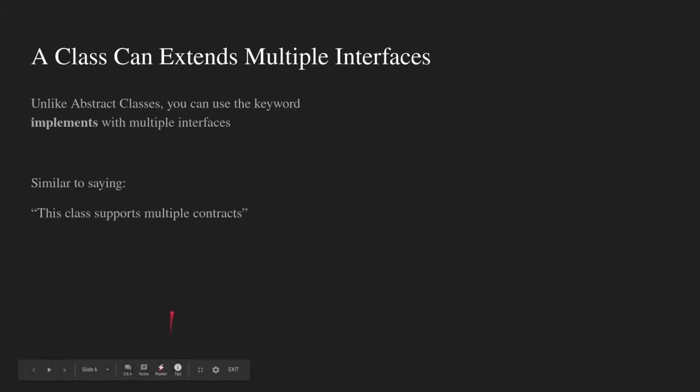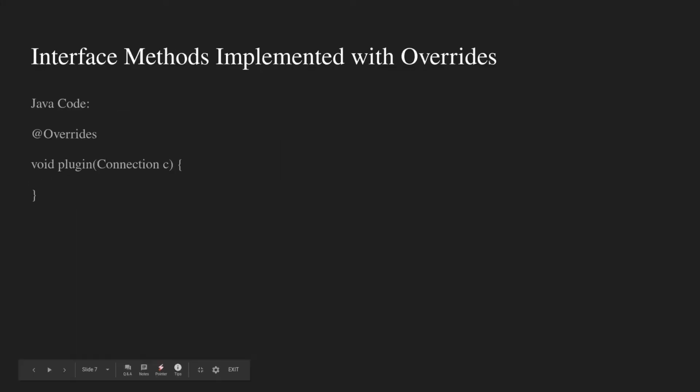Interfaces work a little bit differently from abstract classes. For one, you can actually create a class that implements multiple interfaces. We won't do that today as an example because that's more of an advanced usage of interfaces, but it's similar to saying this class supports multiple contracts. Similar to how we worked with the write function in the previous video for fountain pens, you have to use an override annotation and provide your own implementation in Java.